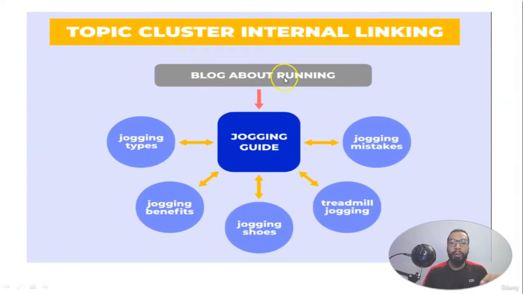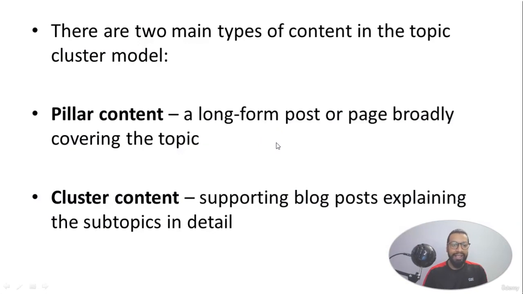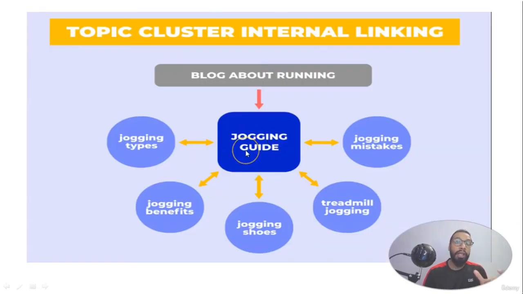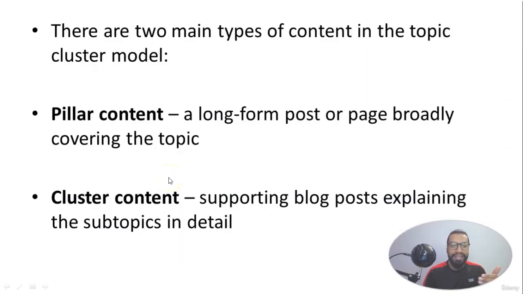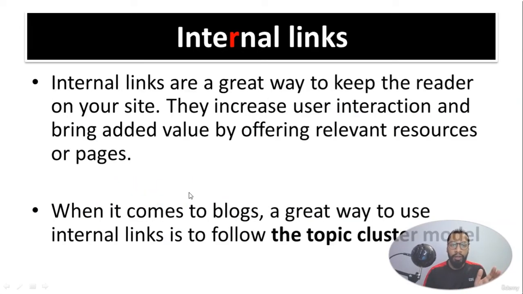The blog is about running. So this is your website. This is basically your pillar content. Jogging guide is your pillar content, and jogging mistakes, treadmill jogging, jogging shoes, jogging benefits, jogging types, these are the cluster content, the subtopics.